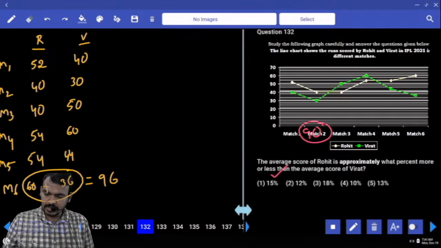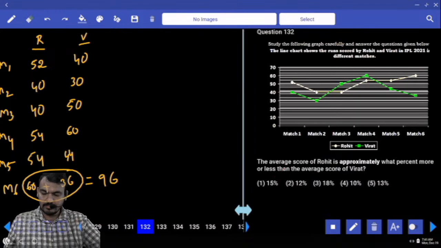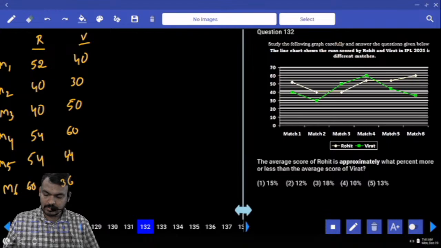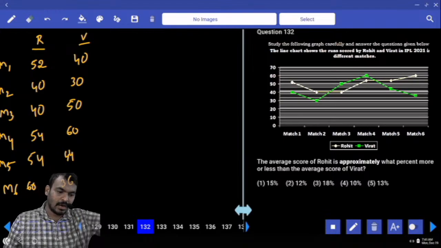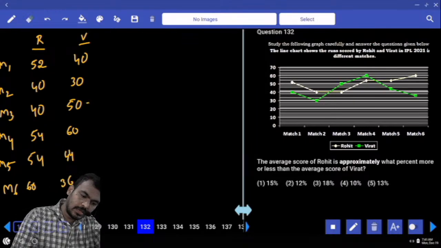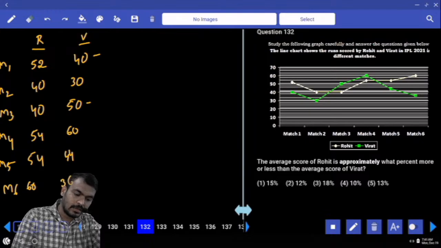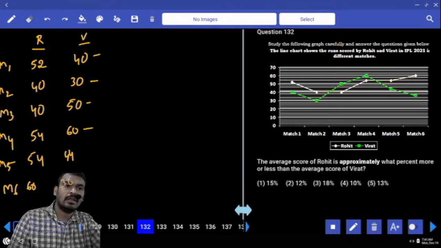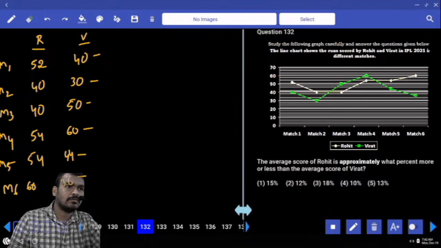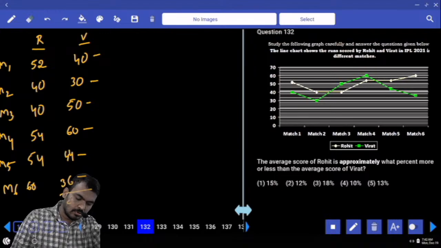Next question number 132. The average score of Rohit is approximately what percent more or less than the average score of Virat? Means all the Rohit scores are adding, all the Virat scores are adding. First, Virat 50 plus 40, 90. 30 plus 60, 90. 90 plus 90, 180. 44 plus 36, 80, or 180 plus 80, 260.